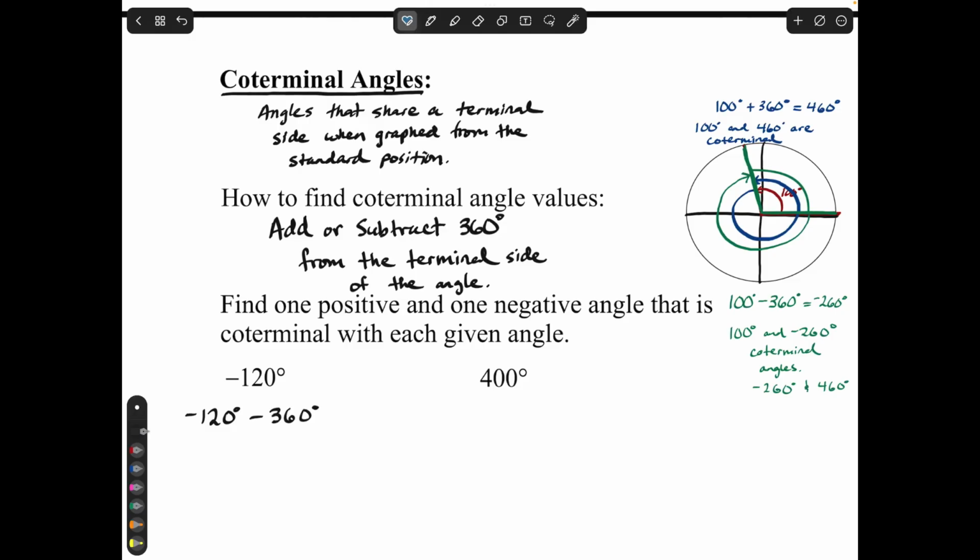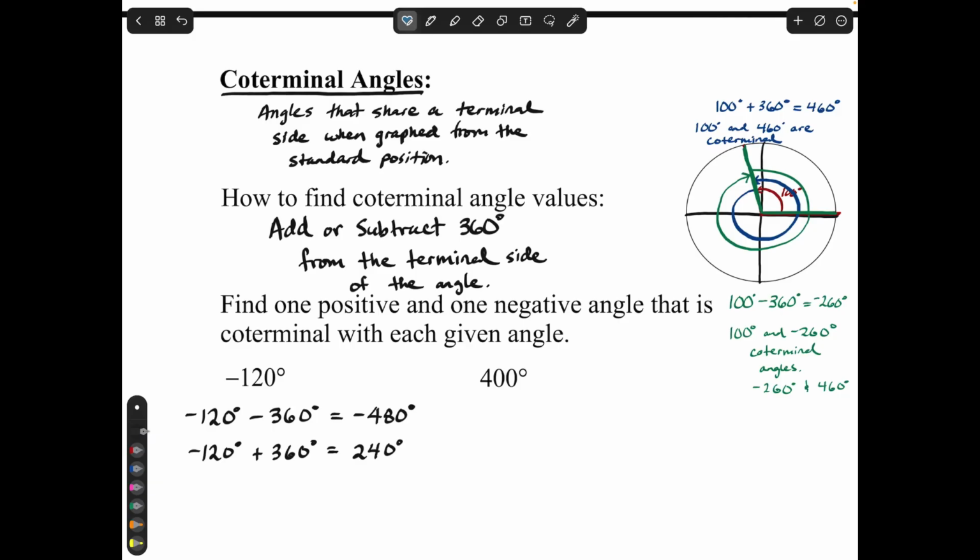And if I do negative 120 degrees plus 360 degrees, I would get a positive 240 degrees. Those are both going to be coterminal angles to negative 120 degrees.